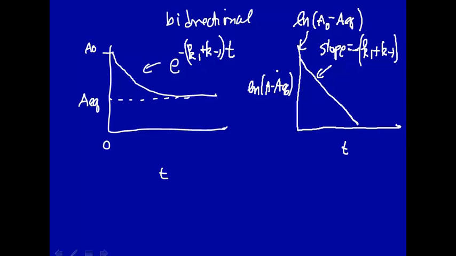So don't be confused. You actually have to subtract off this very long time value from each concentration A in order to make the semi-log plot.